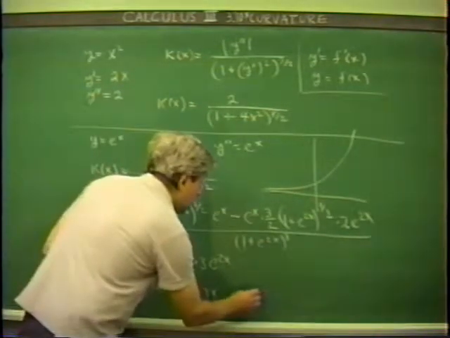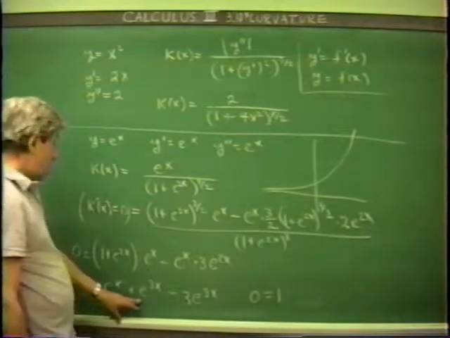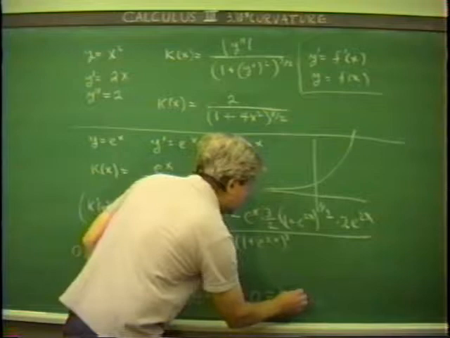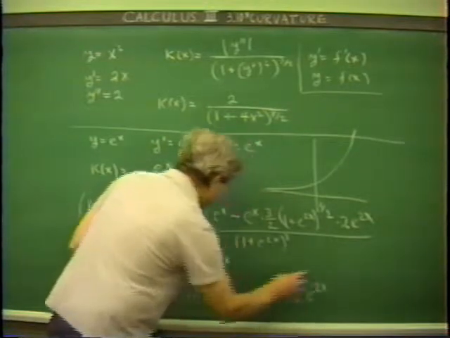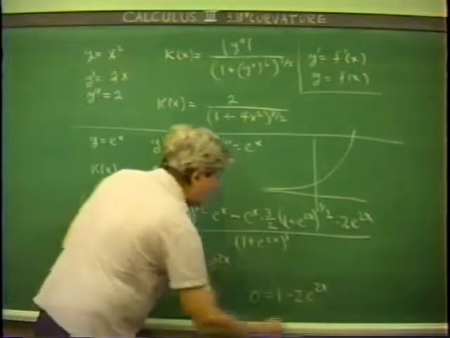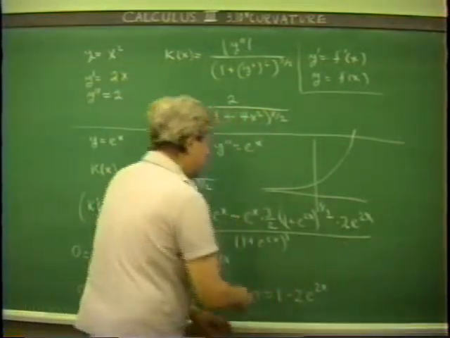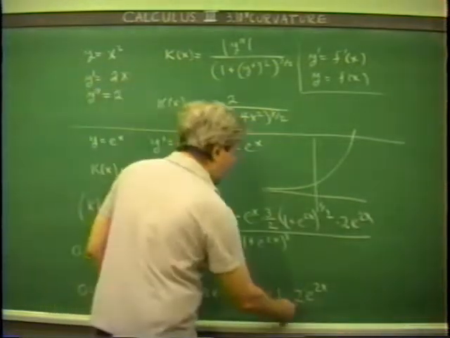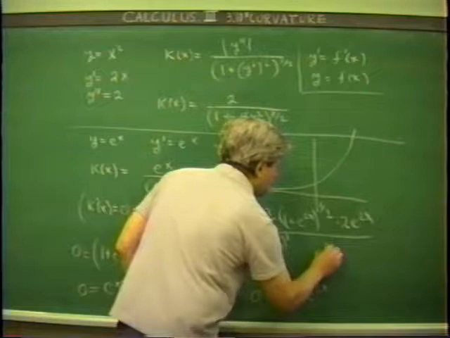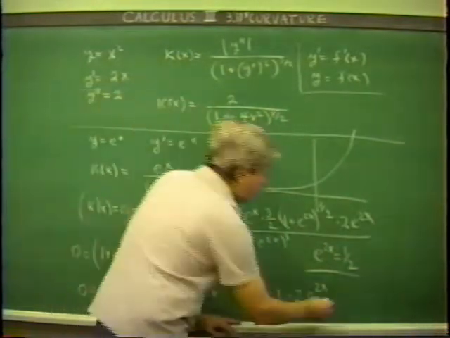We can divide by e to the x here, since it's positive, and so this will be equal to 0 when 0 is equal to 1 minus 2 e to the 2x. After we've divided by e to the x, we're going to have plus 1 and minus 3, so minus 2 e to the 2x. That's to say, when e to the 2x is equal to a half.